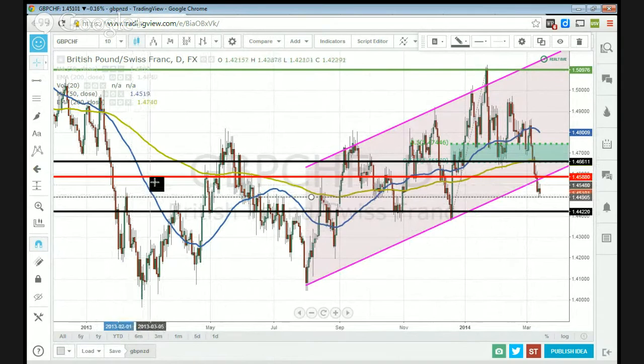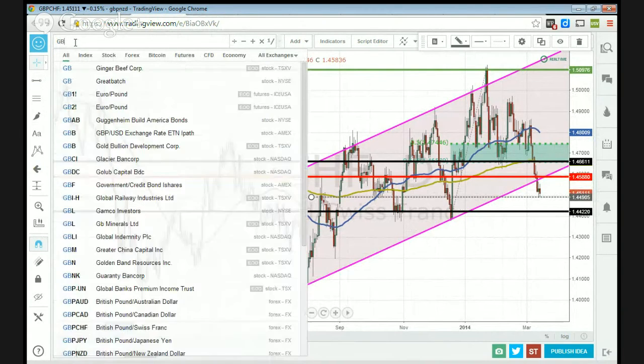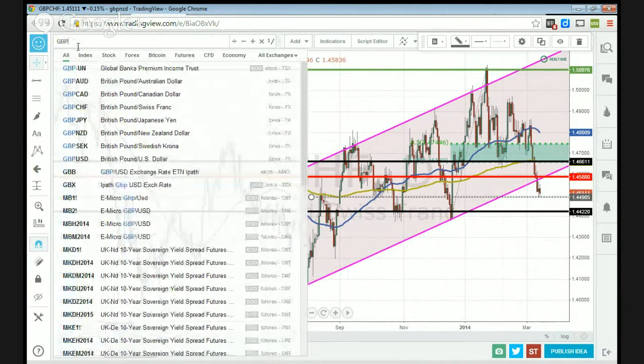You could argue this is a support level. I wouldn't trade this. I want to see some more bullishness before I'd hop on board, but it is an interesting chart. Maybe next week there's an opportunity to go long pound Swiss. Let's see if an accumulation pattern forms.